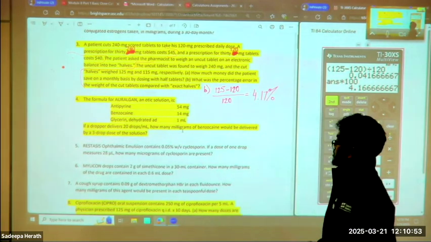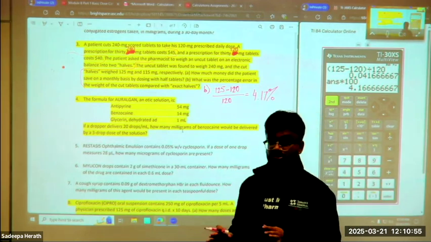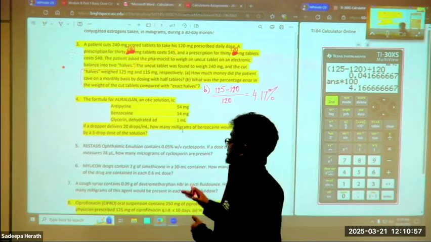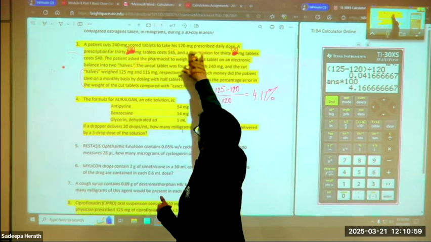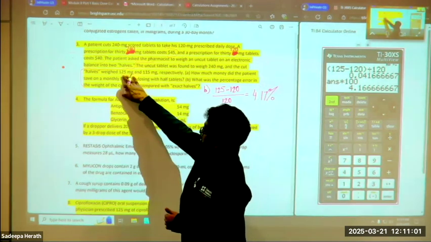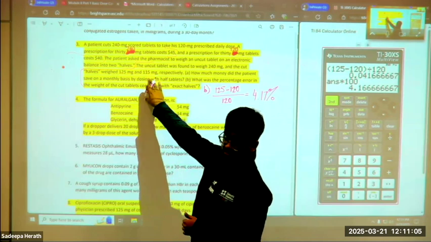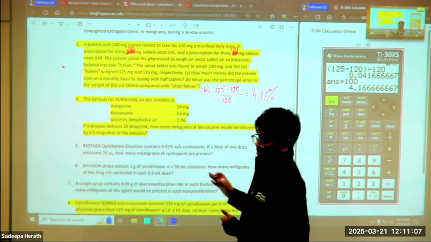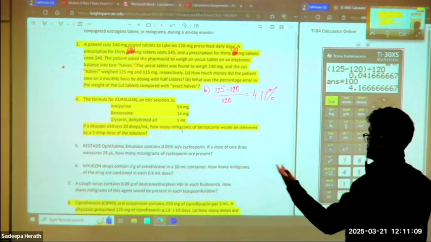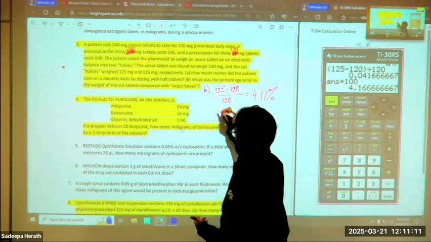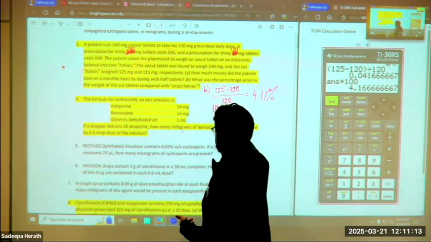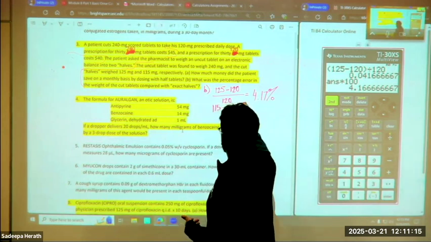Okay. I'm going to show it to you guys by numbers, but you can also see from 120 milligrams, it's 5 off in this number and 5 off by that number. So if you think of it that way, it's technically going to be the same answer, but we'll show it anyways, right? 115 minus 120 divided by 120.